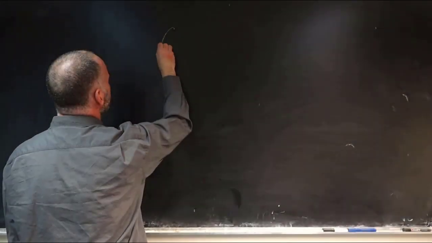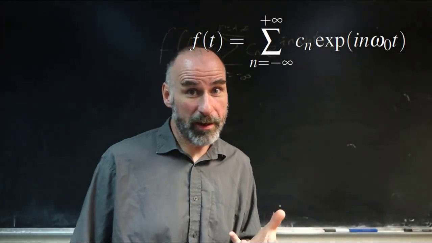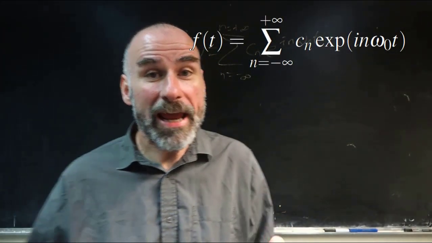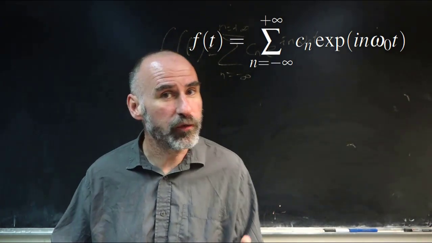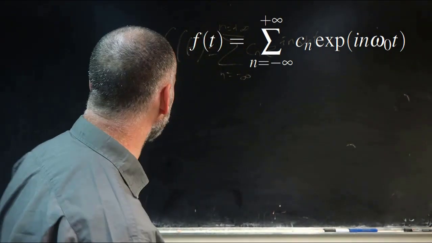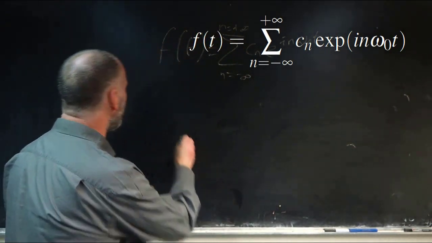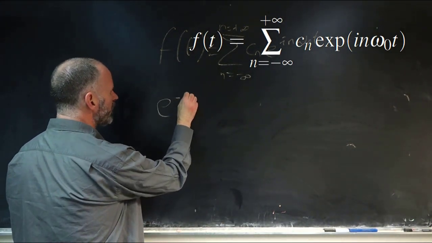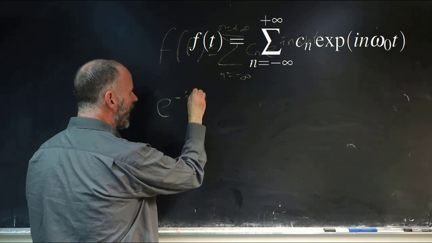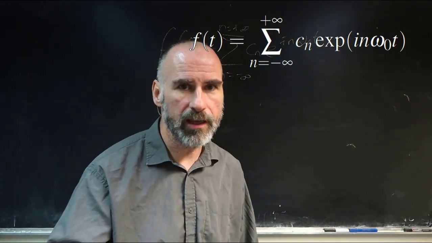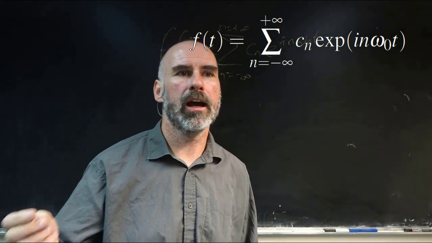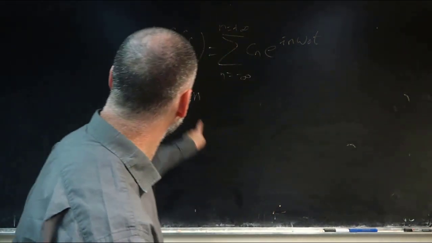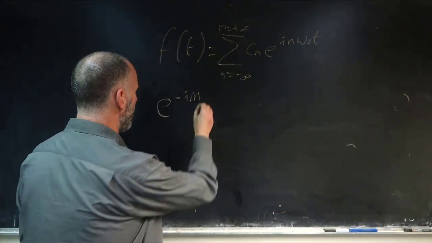We'll start with this. We're going to do a little mathematical trick now called Fourier's trick, which enables us to get an expression for those coefficients we need to build up the function. It's very clever and very neat. What we're going to do is multiply both sides by e to the minus i m omega 0 t, m rather than n, just bear with me.